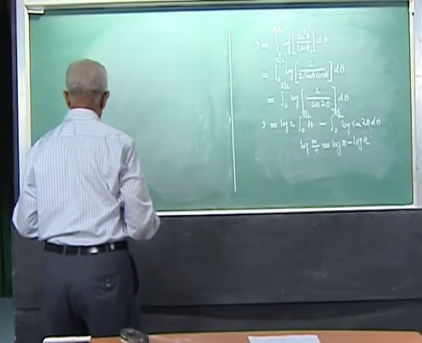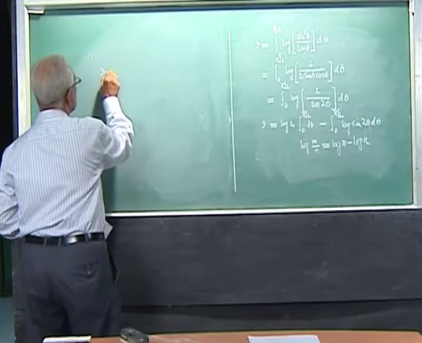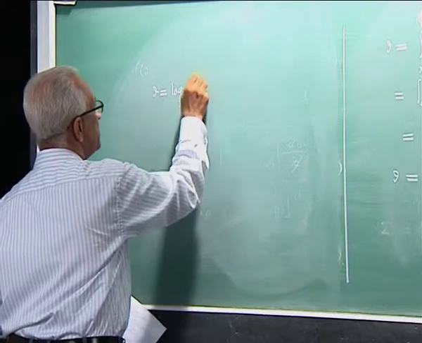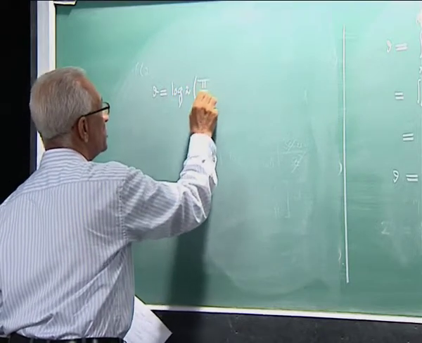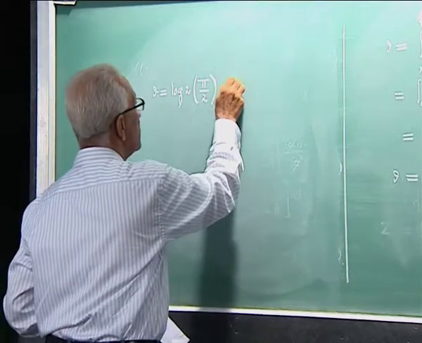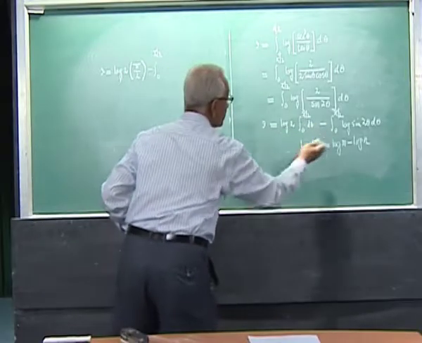So I will be having the integral equal to log of 2, and after integration it will give me pi by 2. Okay, as simple as that. So this is minus integral 0 to pi by 2. I am solving this.